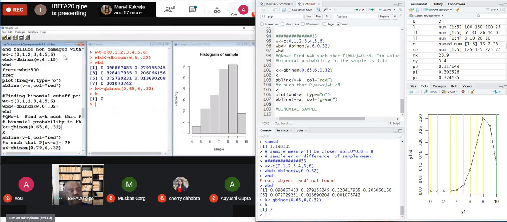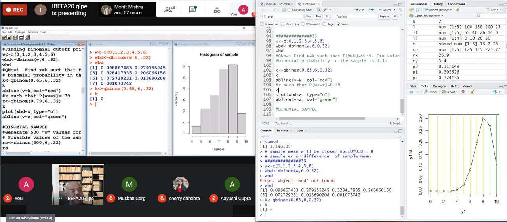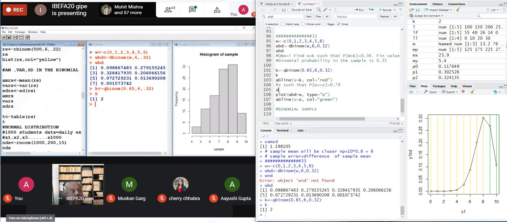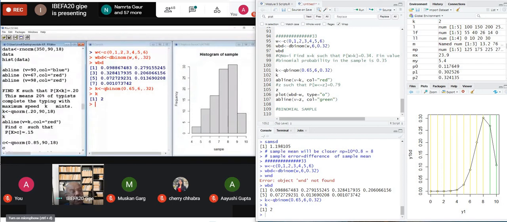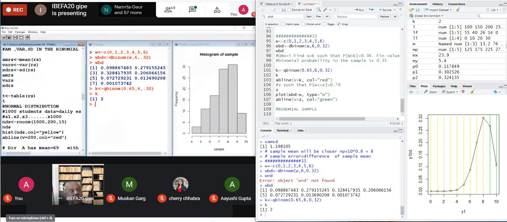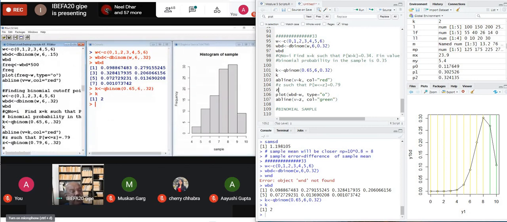Same way, you can talk about reverse probabilities. Okay, now it's clear.